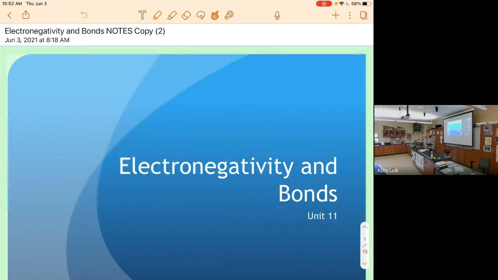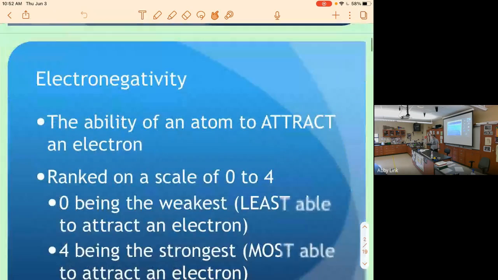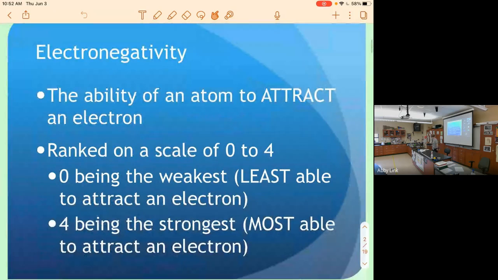All right, so electronegativity, we're going to talk about the definition first. And honestly, guys, I like to think about electronegativity as basically being the opposite of ionization energy, sort of, okay? Electronegativity is really the ability of an atom to attract an electron.